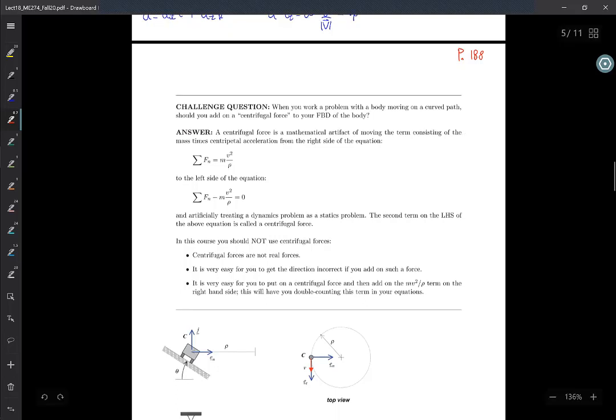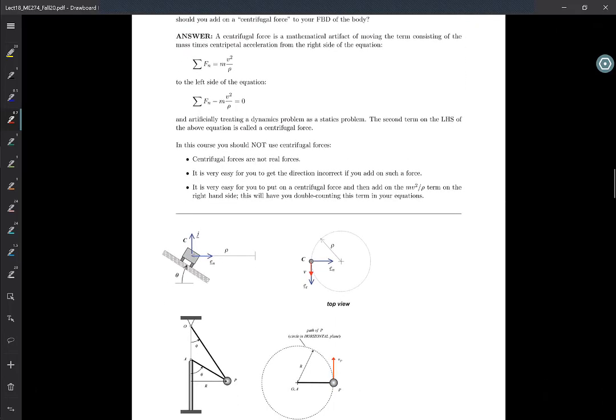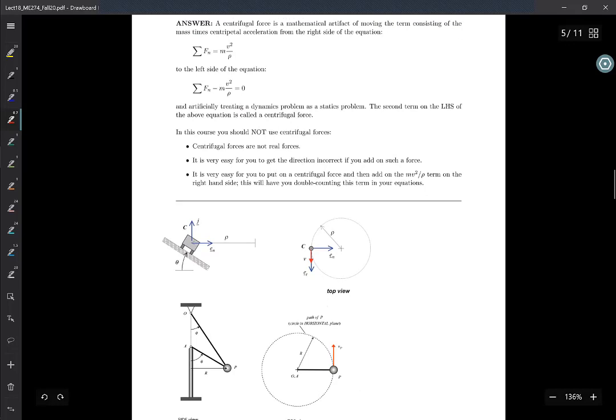But more importantly, what I wanted to make a point of between these two problems is that this problem that we did in class and this problem that you have to do today, in procedure terms, are the same. I mean, okay, there is one difference. You need to find tensions here. So the tension part is new, but the rest is the same.